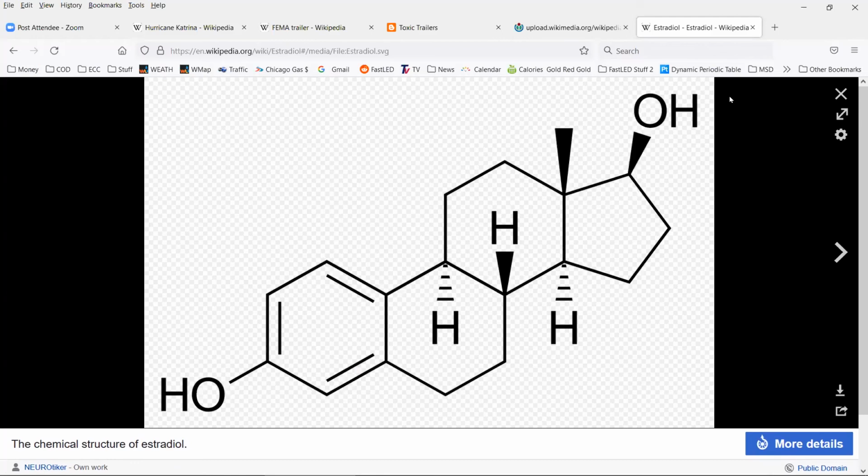Don't write this down, but this is a hormone. Notice it has 4 rings, 6, 6, 6, 6. This is the hormone that regulates a woman's menstrual cycle. The amount a woman has in her blood, in her body, controls the menstrual cycle.